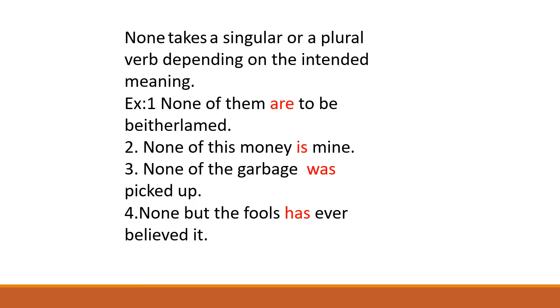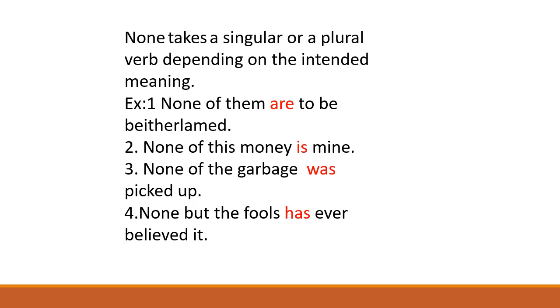None of them, none takes a singular or plural verb depending on the meaning. Got it? Now, in case it is none of this money is mine, none of the garbage was picked up, none but the fools has ever believed it. Depends on the meaning the sentence gives you.